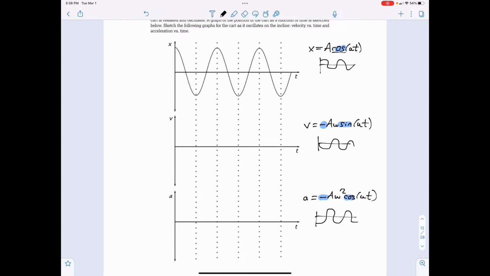All right, so 1 full cycle would be right here. So if this is 1 full cycle of a cosine graph, this is 1 full cycle of a negative sine graph. And then I'm going to go again.